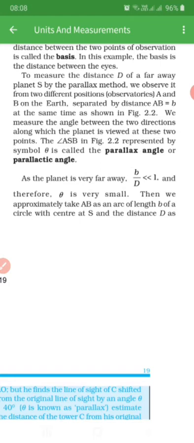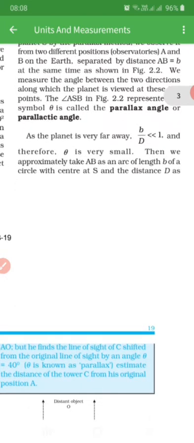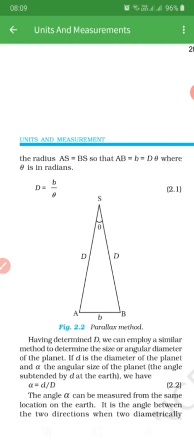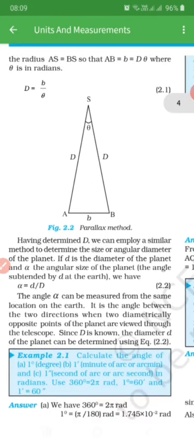Then we approximately take AB as an arc, or length b, of a circle with center at S and the distance capital D as the radius, AS equal to BS. Understood? So AB = b = D theta, where theta is in radian, angle always in radian.